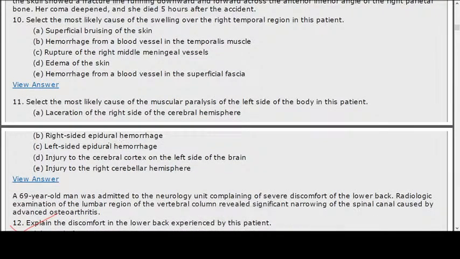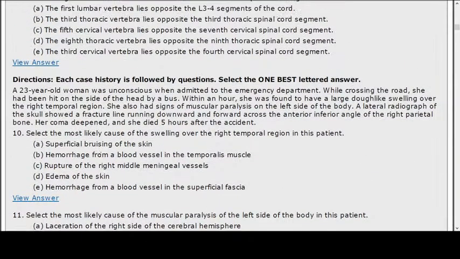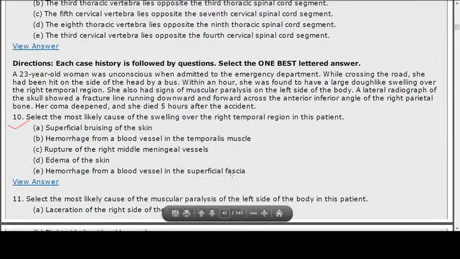Okay, left side, epidural. Okay, there is something I should study. Say the most likely cause of the swelling over the temporal region in the patient. Temporal region: superficial bruising of the skin, hemorrhage from a blood vessel, rupture of the right middle meningeal artery, as well as edema of the skin.